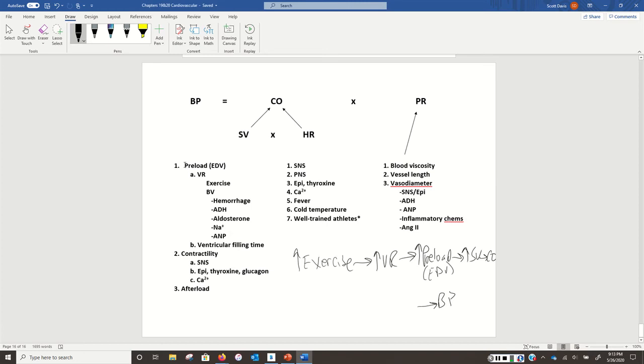When there's an increase in EDV, there's an increase in stroke volume. When there's an increase in stroke volume, there's an increase in cardiac output. And cardiac output, or PR, are the two ways to affect blood pressure. When one goes up, blood pressure also goes up. So when there's an increase in cardiac output, there's an increase in blood pressure. And that's how this chart works.